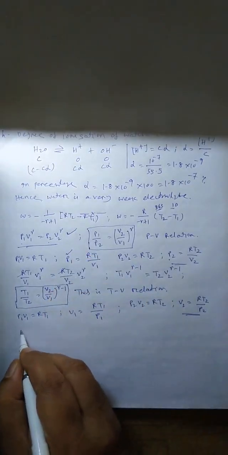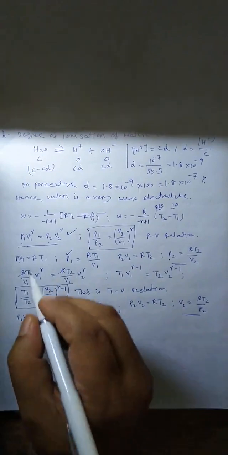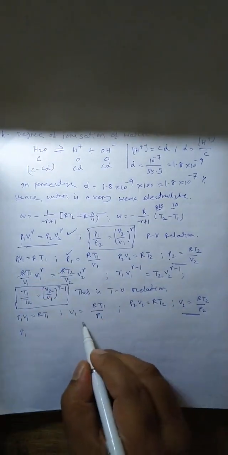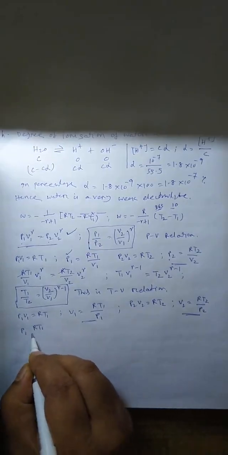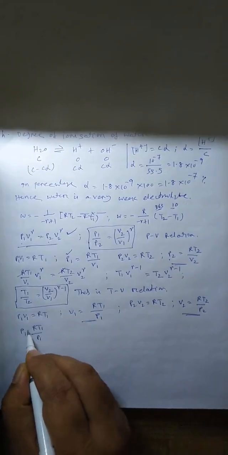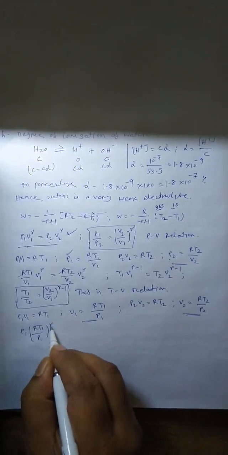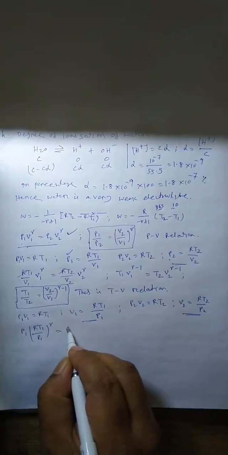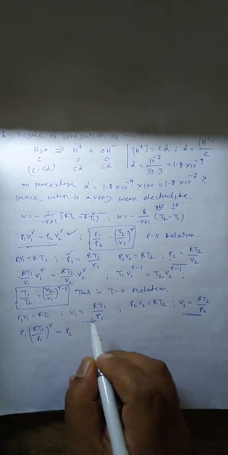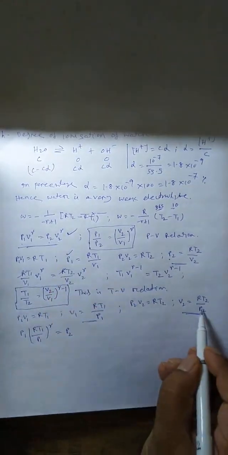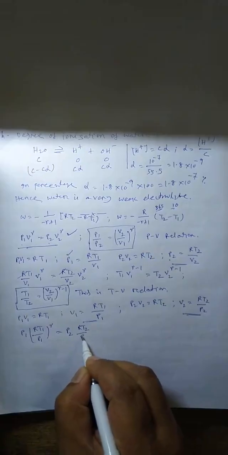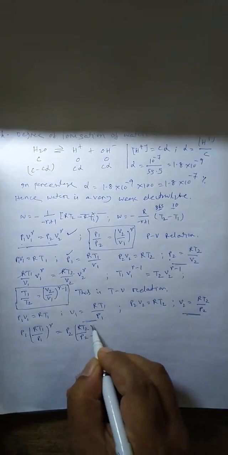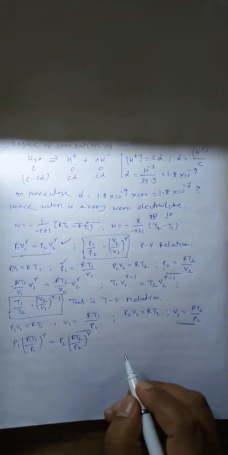Then what you get: in place of V1 I write RT1 by P1 to the power gamma, equal to P2 times, in place of V2, RT2 by P2 to the power gamma.